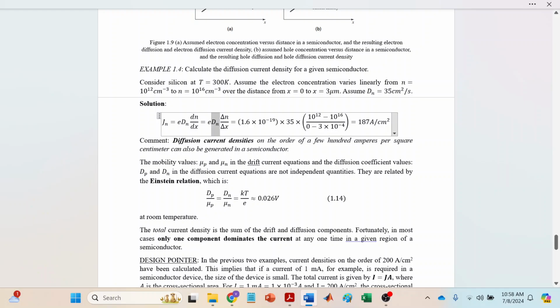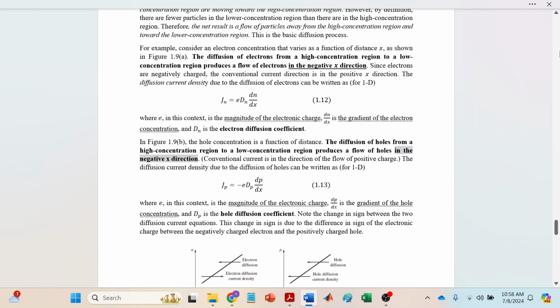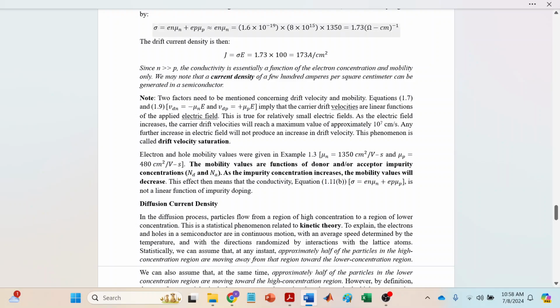The diffusion electron coefficient is given by 35, and the diffusion gradient is given by this calculation, and we arrive at 187 amperes per centimeter squared. So the current density as a result of diffusion is 187, and the current density as a result of drift is 173.